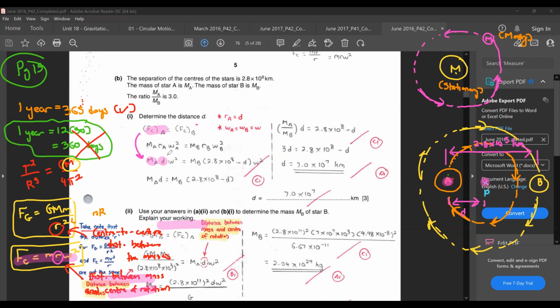Here I wrote it as M_A R_A omega_A squared. If I rearrange, this is M_A D omega squared.